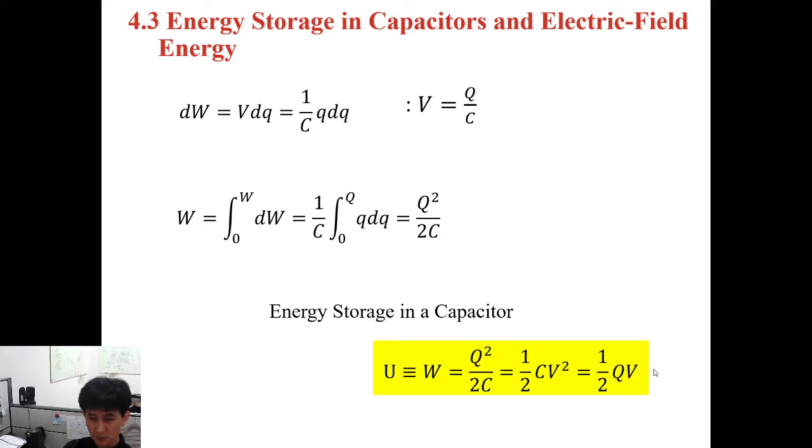Or in terms of Q and V: if we have a Q with a potential V, the energy stored in the system is Q times V. But if V is a function of Q, we have 1 over 2 multiplied to this.